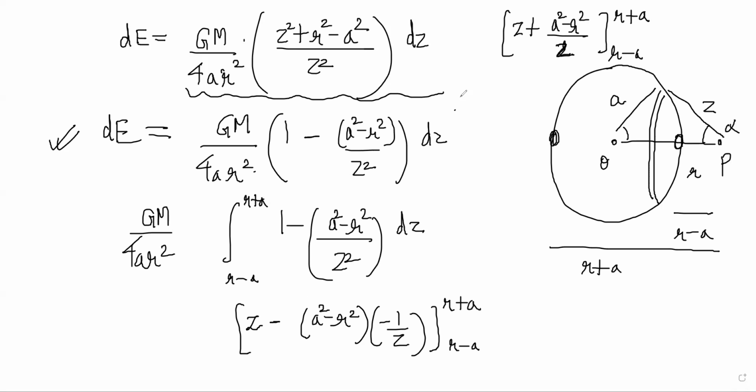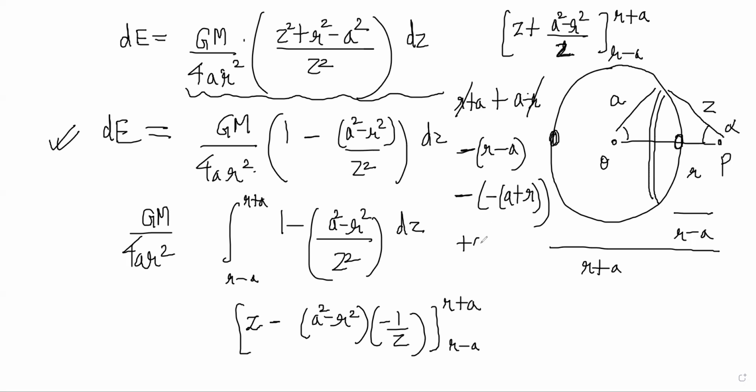So when you put r plus a, you get r plus a, and this becomes plus a square minus r square by r plus a, so that will be a minus r. Minus, r minus a, minus a square minus r square by r minus a, so that would be negative of a plus r. R gets cancelled.